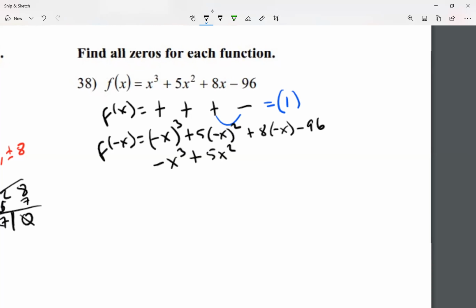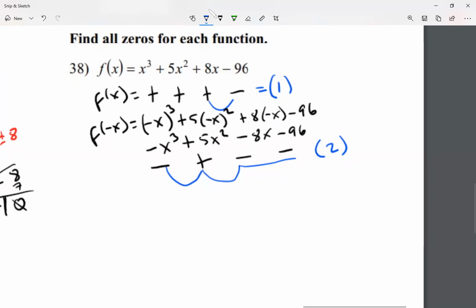Remember, when my exponent is even, it basically becomes a positive x. When my exponent is odd, I do keep the negative. So minus 8x minus 96. So the signs are negative, positive, negative, negative. So let me see how many times it changed: from negative to positive, from positive to negative, and it remained negative.